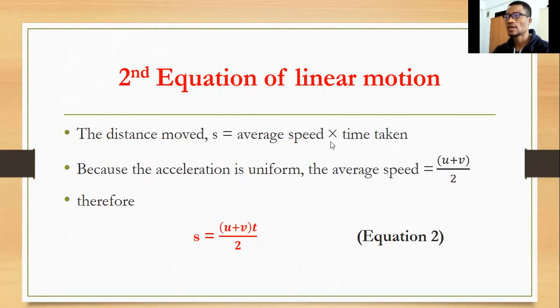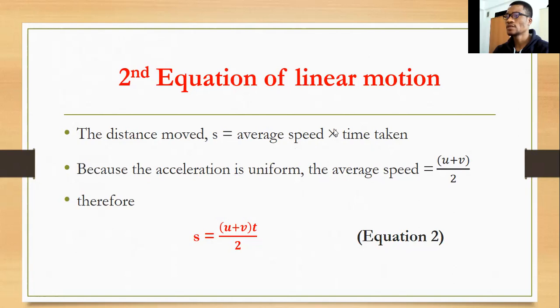So this is the expression for distance moved by an object. Because the acceleration is uniform, the average speed will be u plus v over 2, then multiply by the time.